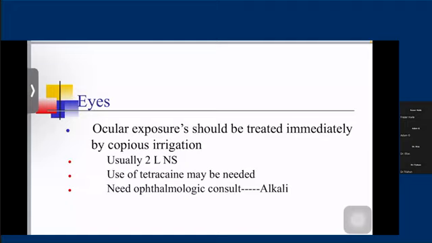And when to stop irrigation? In an ideal setup, we have conjunctival pH. We usually stop if the pH is less than 7.5.